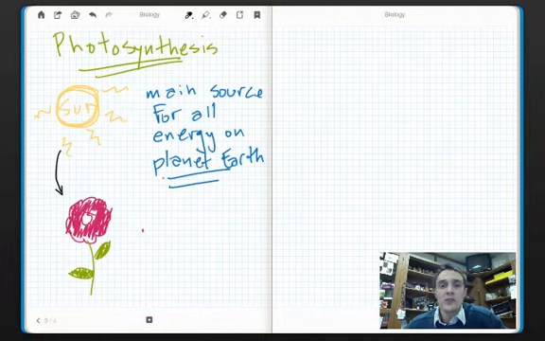Their leaves, as we talked about in class, are jam-packed and full of chloroplasts, that specialized organelle that's got that green pigment known as chlorophyll present in them. Well, these little chloroplasts are located inside the leaves.